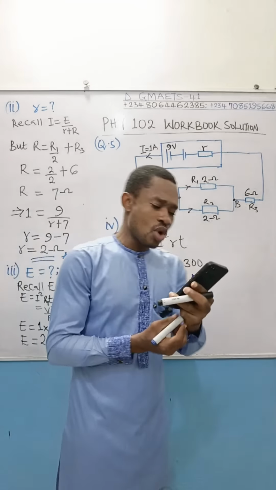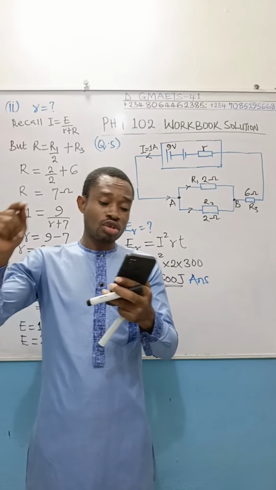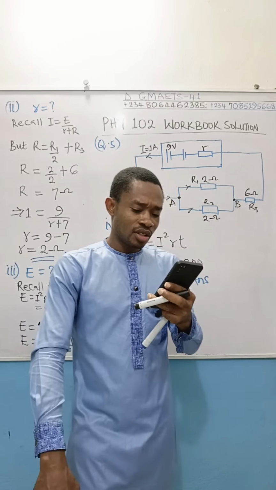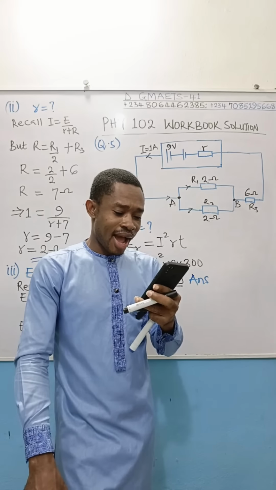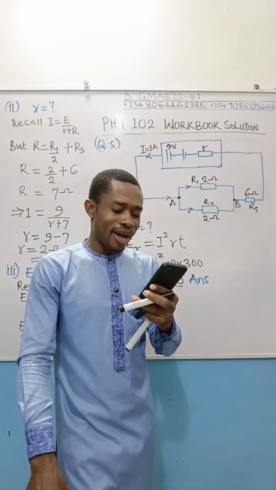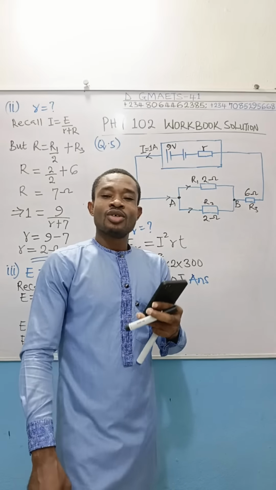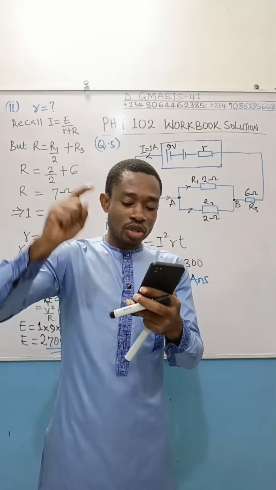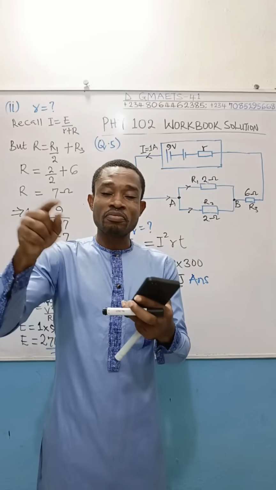I think in that part, you are asked to calculate the energy dissipated in the internal resistance, and then you should go ahead and calculate the percentage of energy calculated in part III that is dissipated in the battery in 5 minutes.